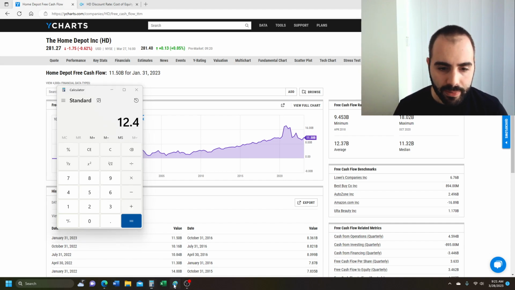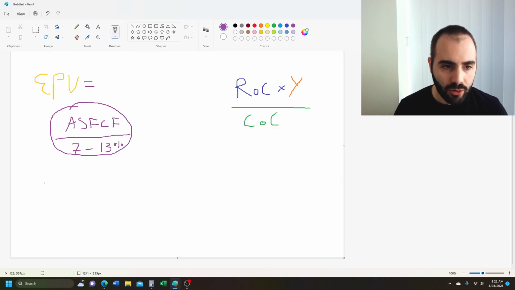So if we go back to paint here, we can say that in Home Depot's case, this would be 12.4 billion in terms of the average sustainable free cash flows. And what we would do is divide that by our desired rate of return, somewhere between 7 and 13%, and that would give us the earnings power value.